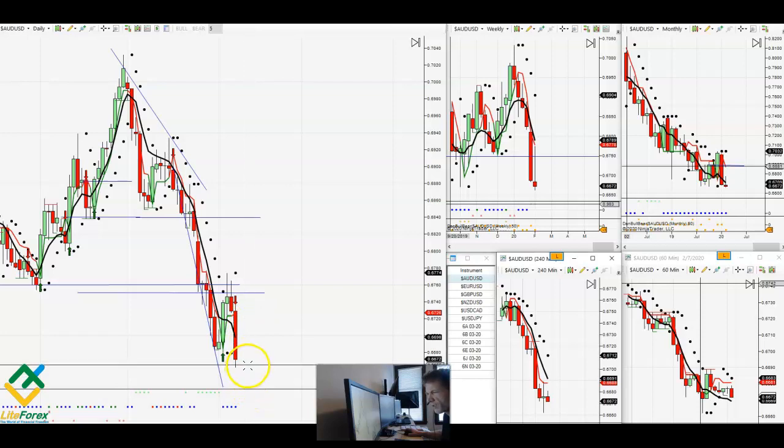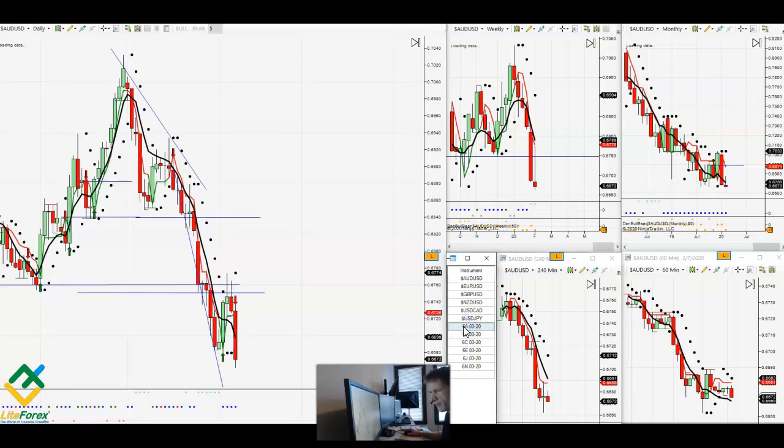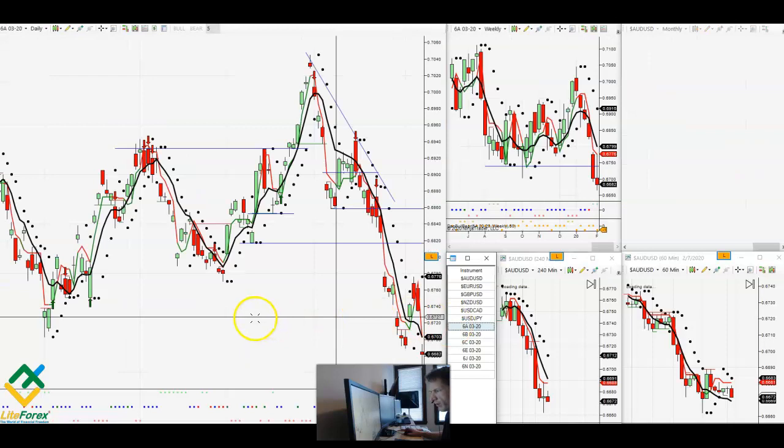So I always look at that with caution, and I'm going to be cautious on Monday when it comes to the Australian US dollar, because all signs are pointing bearish, but it could easily just rebound. So I'm going to stay neutral on the Australian US dollar, even though it's definitely looking very bearish.